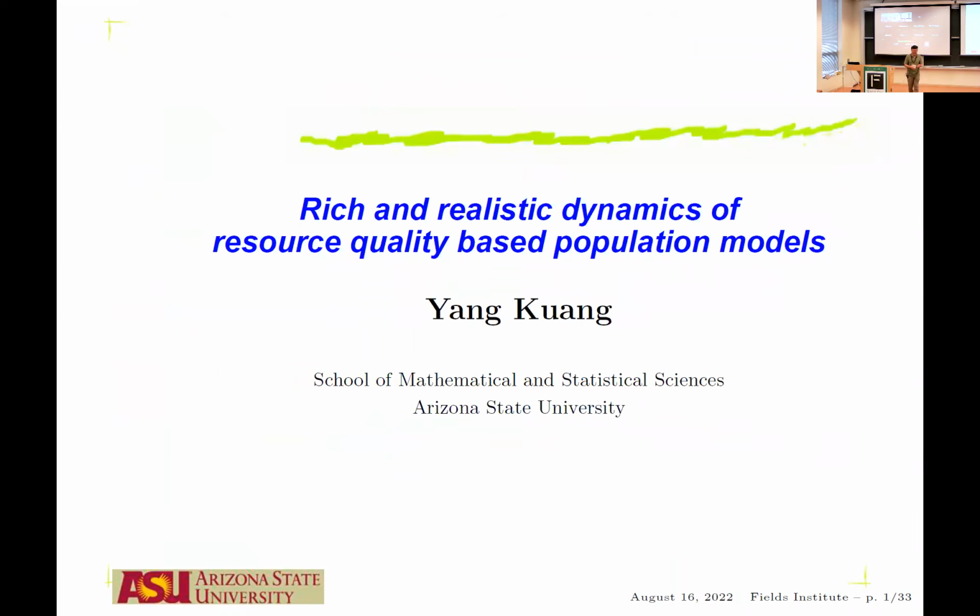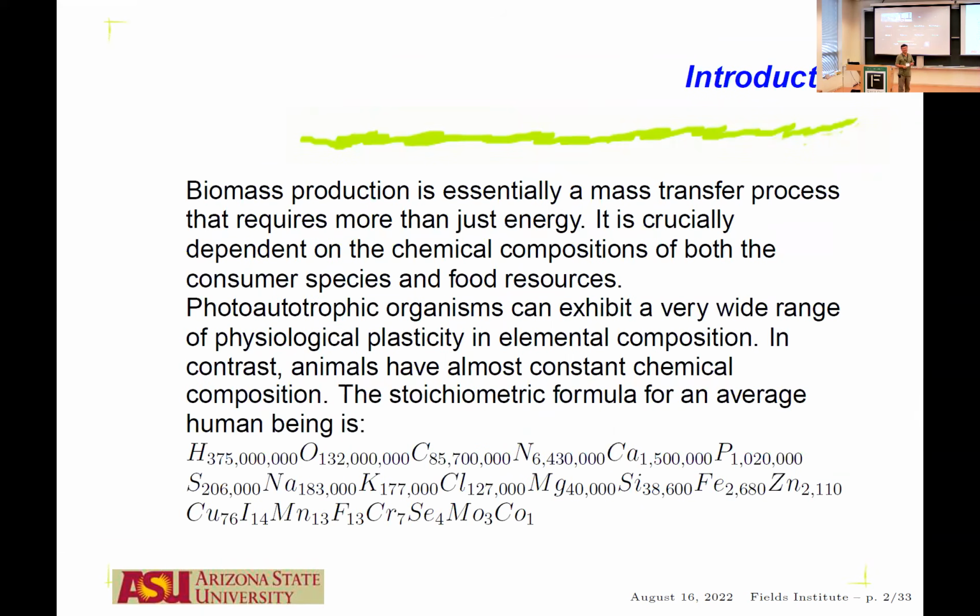The problem now, you already see what I'm going to talk about. The reason biology is complicated is because the cell is made of many elements in some proportion.